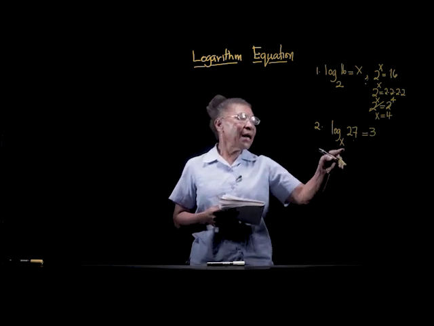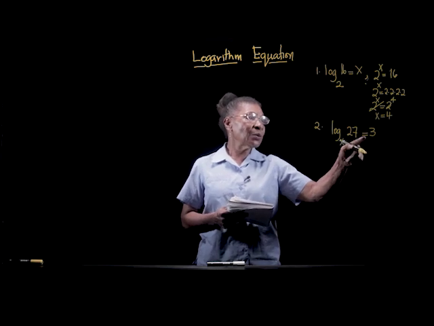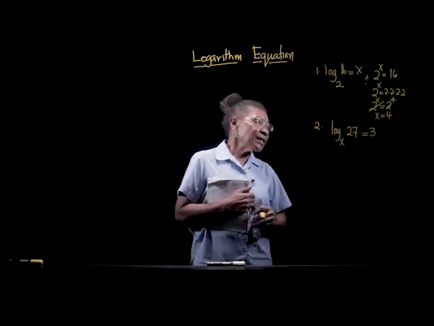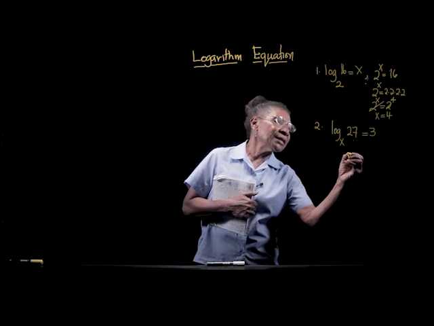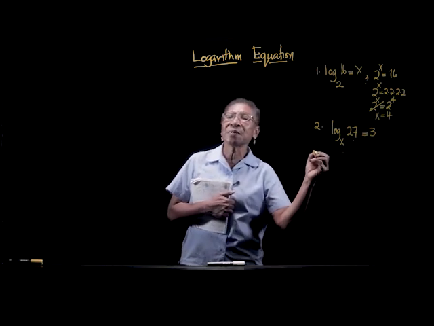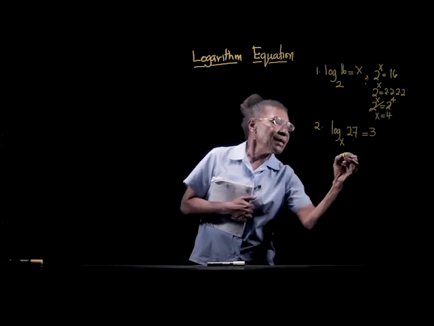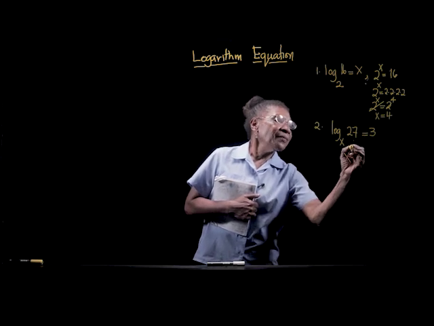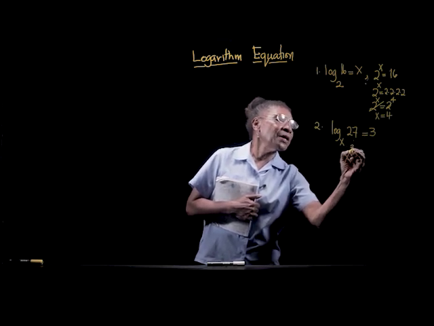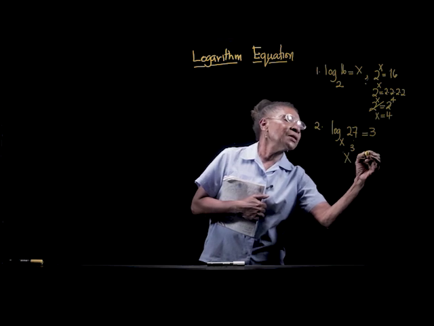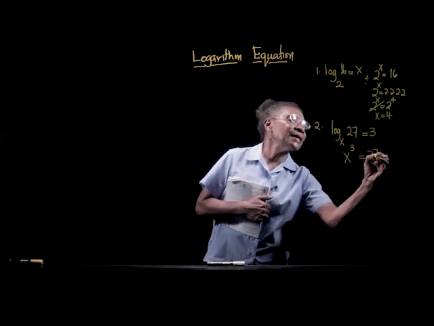Here the base is the unknown, x. That simply means we can express it in exponential form: the base is x, the power is 3, and the value is 27.